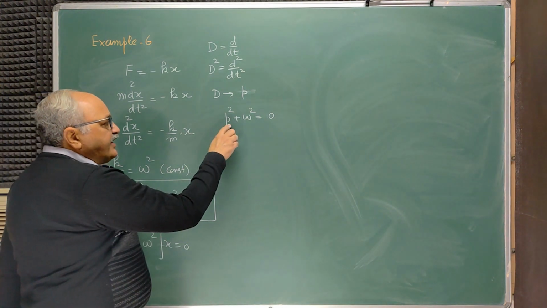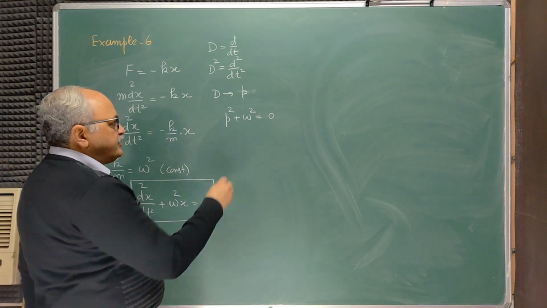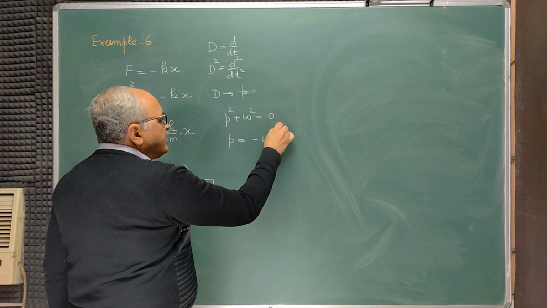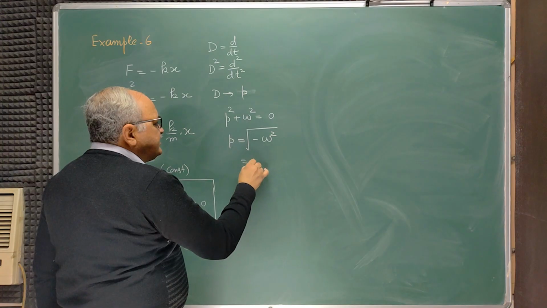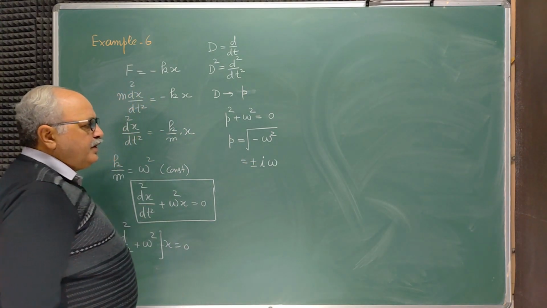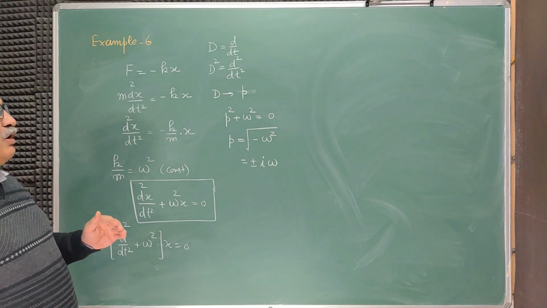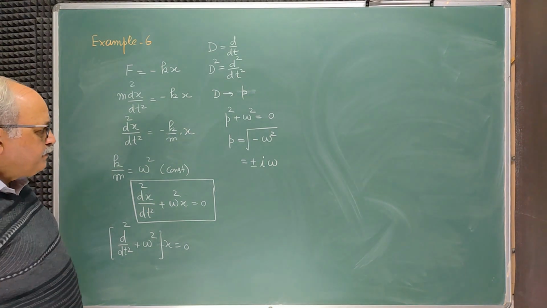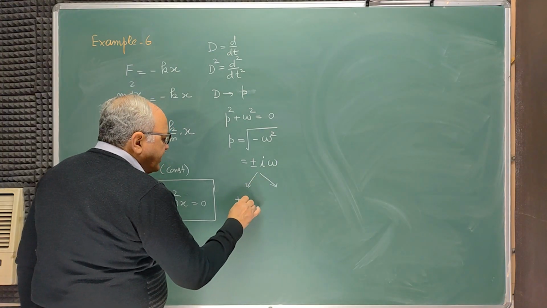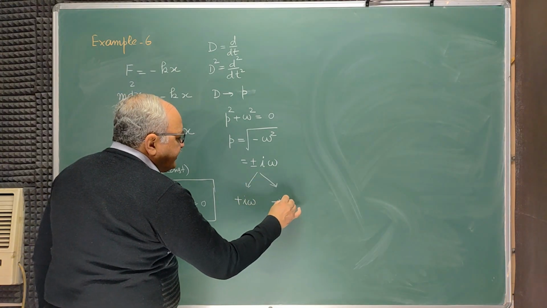If I take it as a quadratic equation, I'll find that p equals the square root of minus omega square, or I can say this is plus minus iota into omega. It means I have two roots now for this auxiliary equation: one is plus i omega and the other is minus i omega.